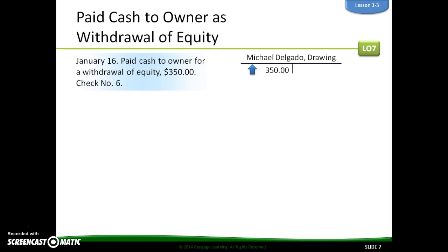So we're increasing the balance in this account because we're increasing the amount of draw, and the result of increasing the amount of draw is that owner's equity is actually reduced. So our cash balance is reduced by $350, which means a debit to the draw account and a credit to cash.